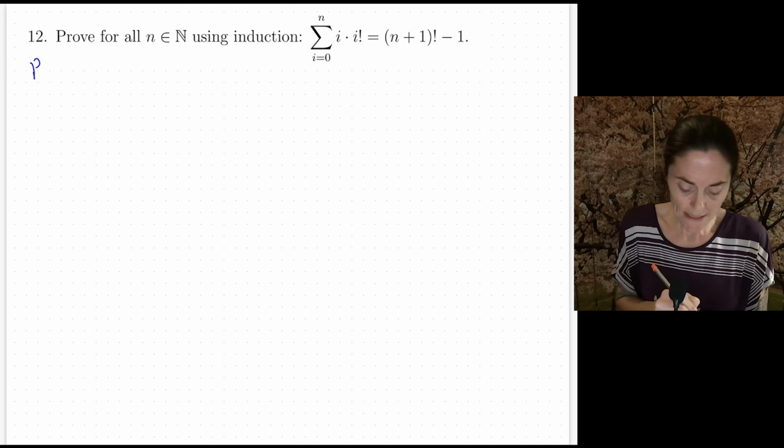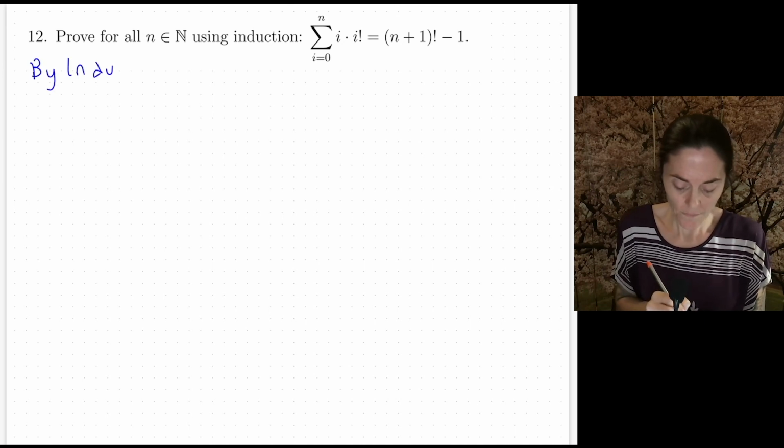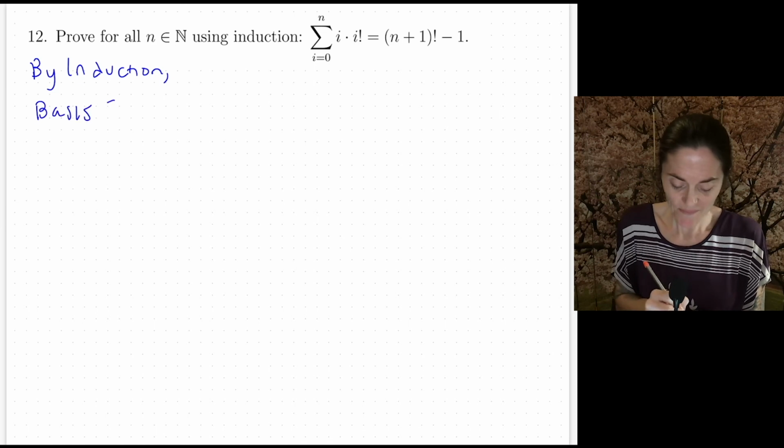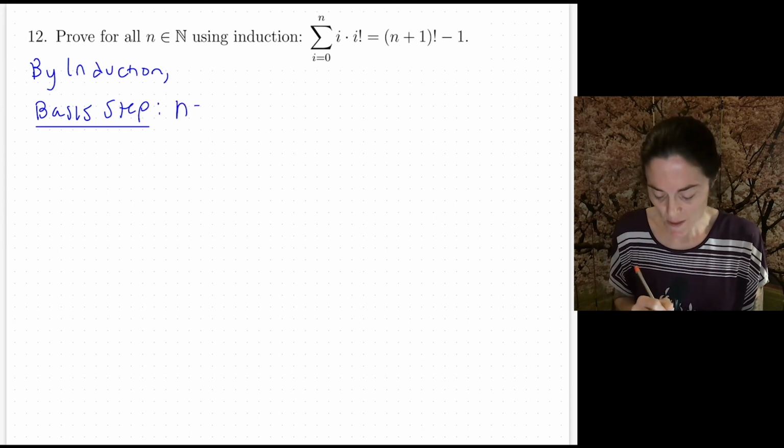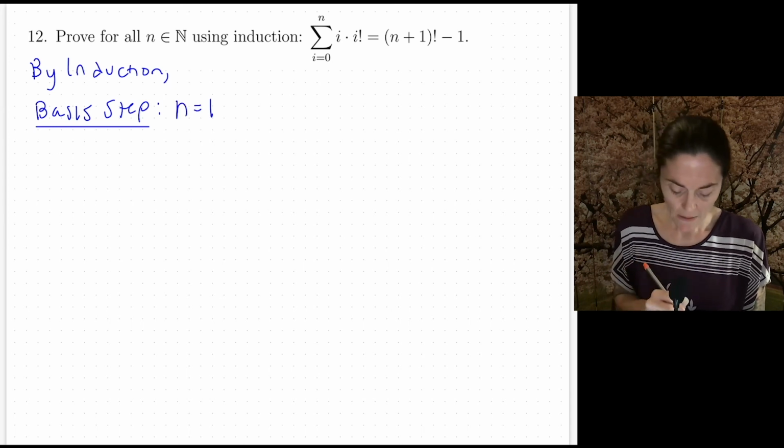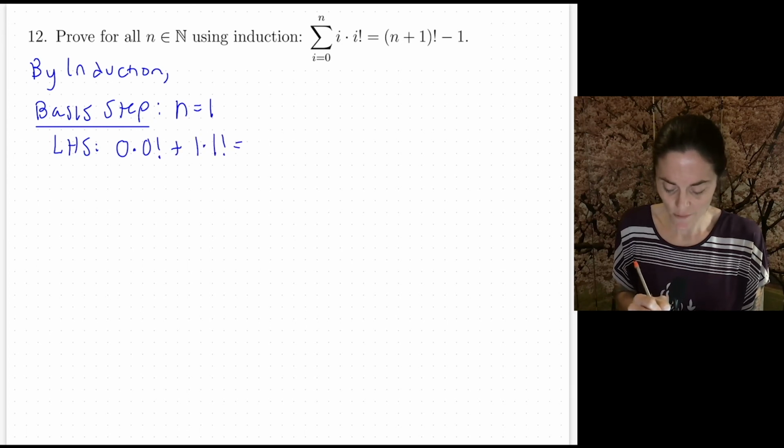Okay, again, this is by induction. We have a basis step and we have an inductive step. The basis step: we are trying to prove this for natural numbers, so we begin with n equals 1. The left-hand side is 0 times 0 factorial plus 1 times 1 factorial.